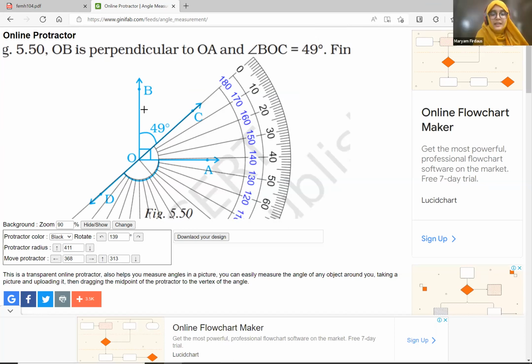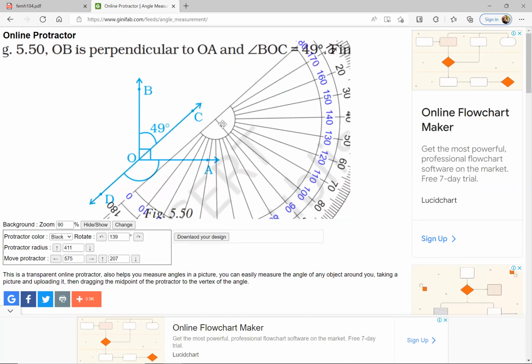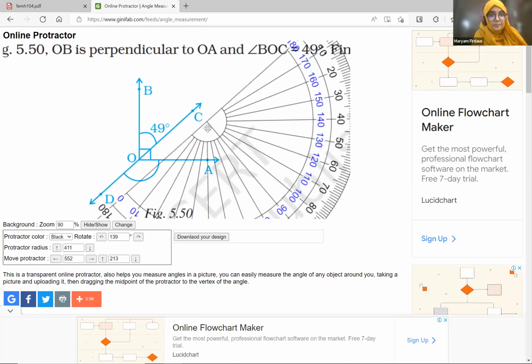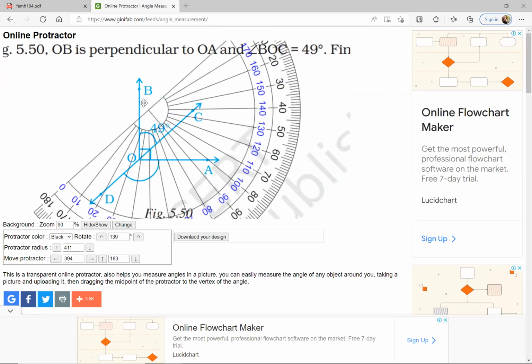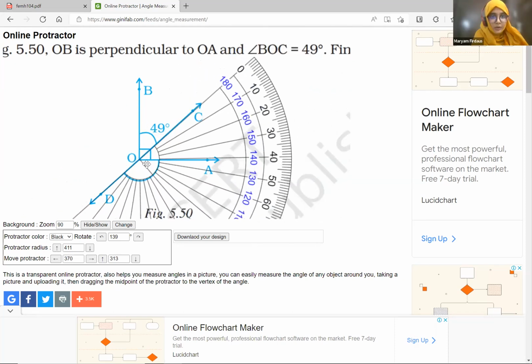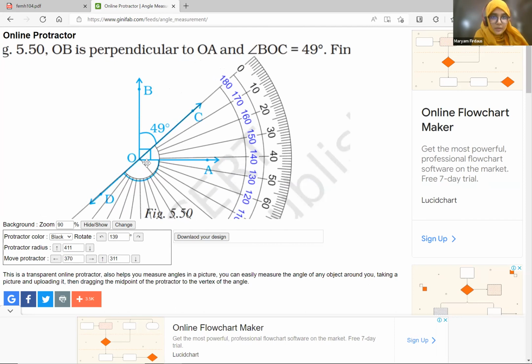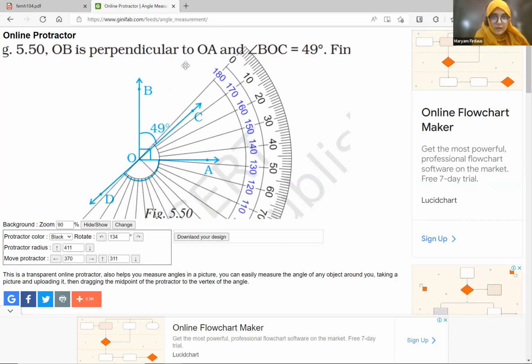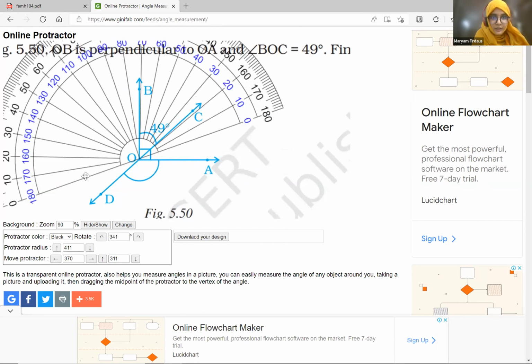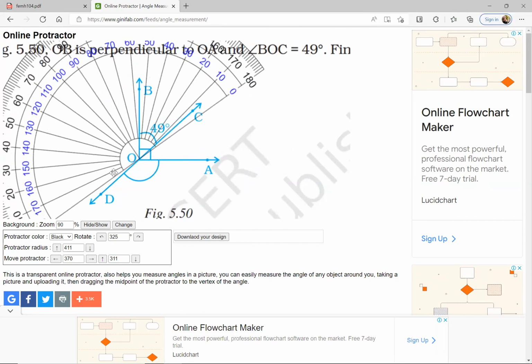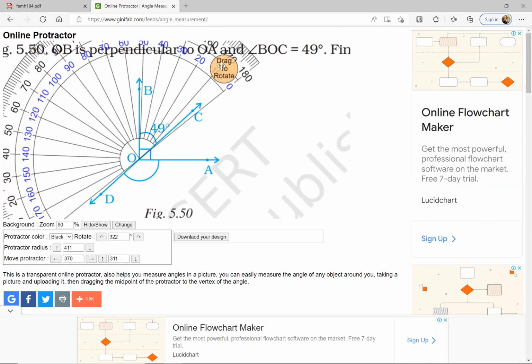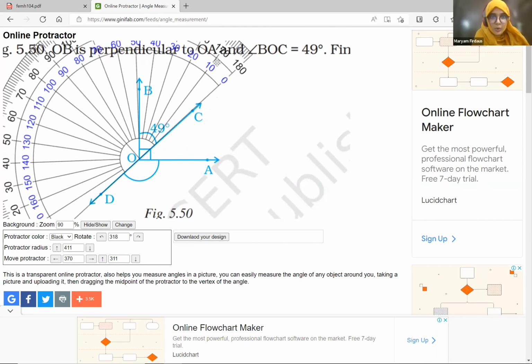Fine. Let's say we want to measure this BOC. Can you see angle BOC? Yeah. How much is the measure of angle BOC given in the question? 49 degrees. So we are going to measure this BOC. I'm going to rotate it in such a way that the 0 degree line should coincide with my OC.